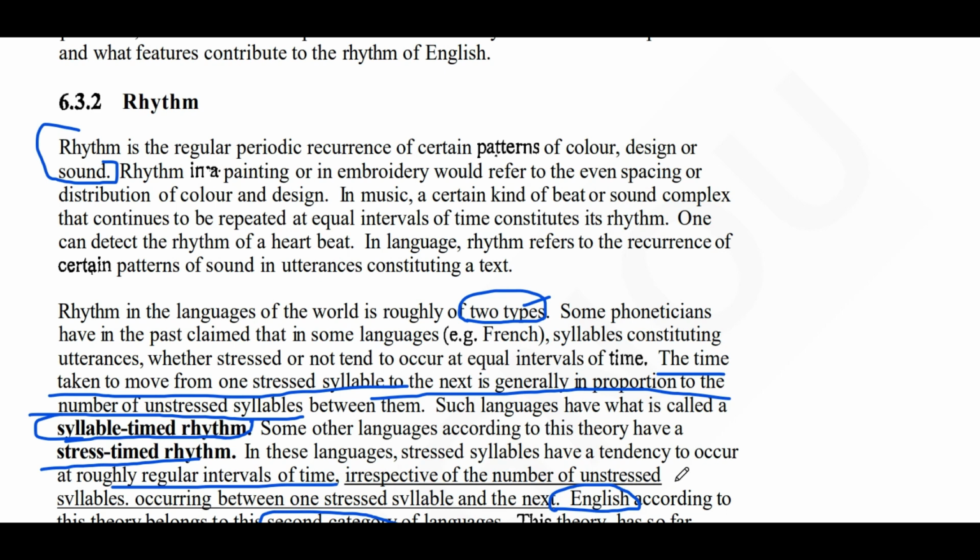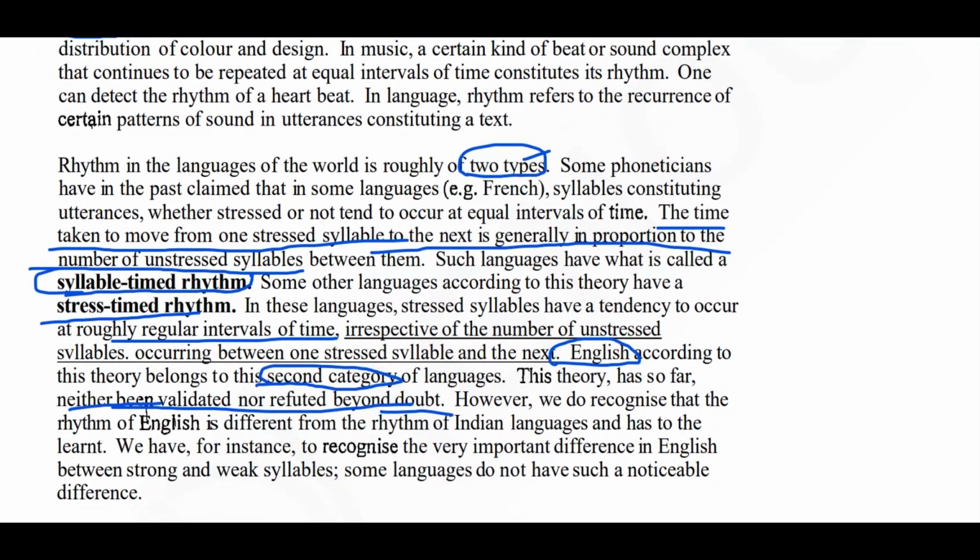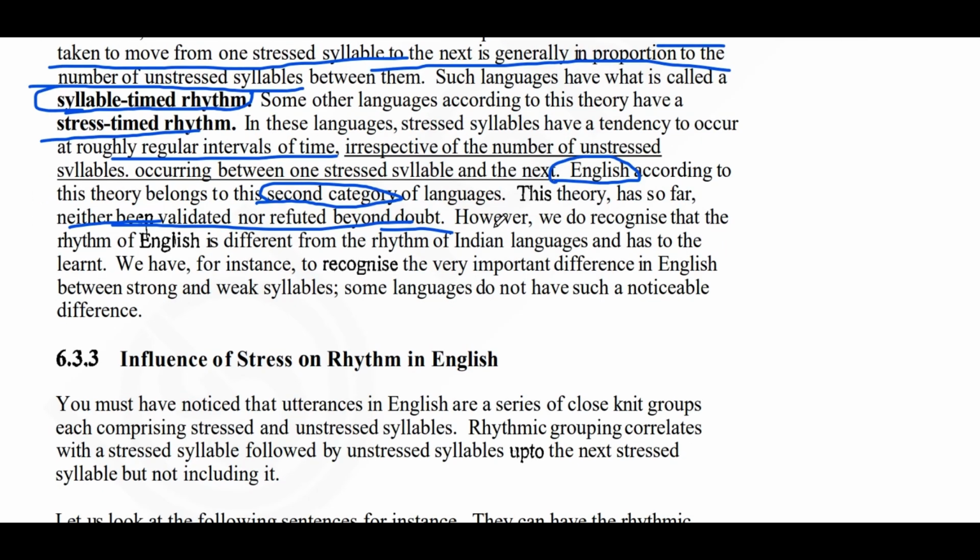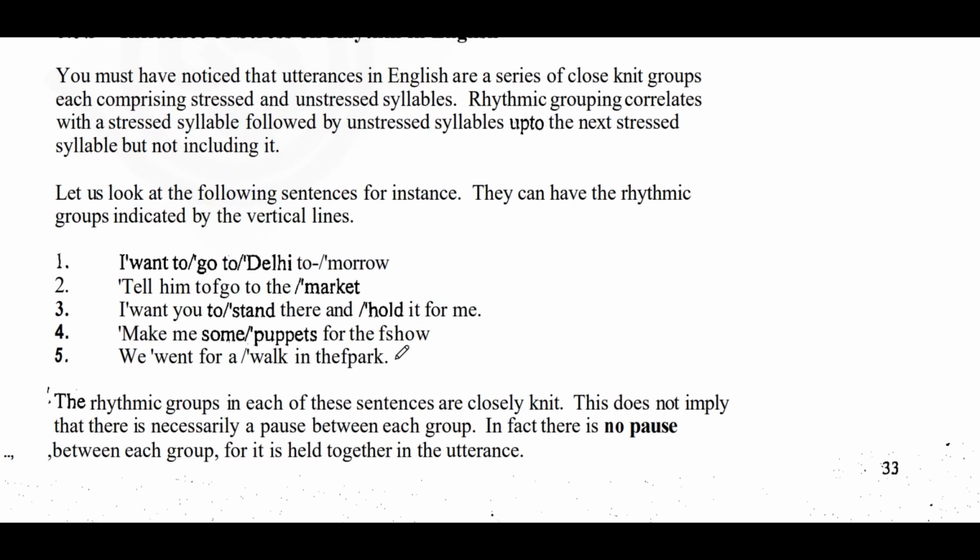So the number of unstressed syllables does not affect it, but they will come regularly after a certain rough interval of time. Like you would have a certain amount, but it's not exact. So English belongs to the second category of language, but this theory has so far neither been validated nor refuted. So it still goes on.